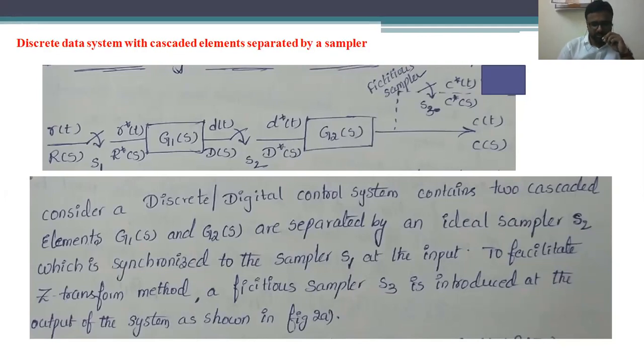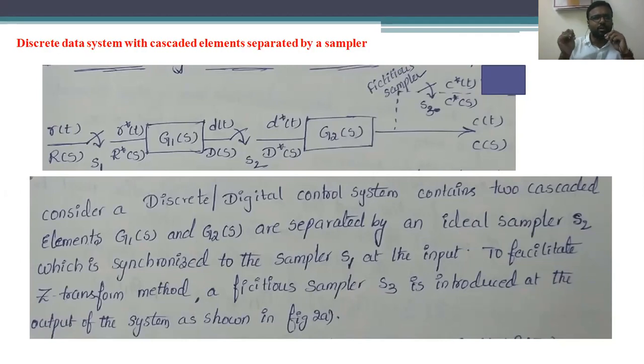In our previous university question papers, one essay question was given from this pulse transfer function itself, whether it may be a problem or a theory question. It will surely be given in our university examination, depending upon the pulse transfer function regarding unit 2. So try to concentrate on these particular topics.